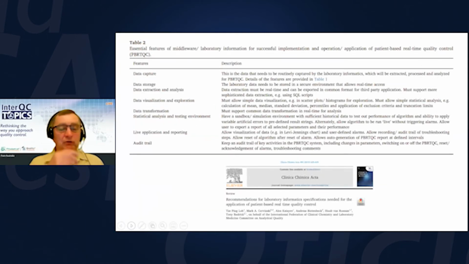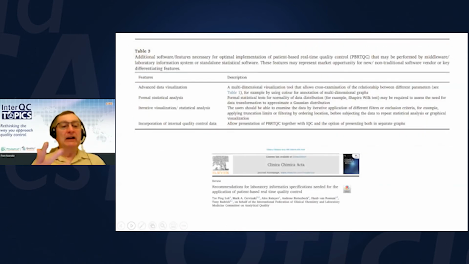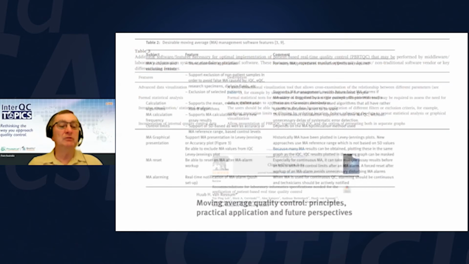The essential features of the middleware are that it needs to be able to capture, store, extract and present the data, etc. So you need a good onboard or middleware system to be able to do this. And again, in this paper, we also gave what would be even more useful to have, and there are some more tools that would be useful to have.